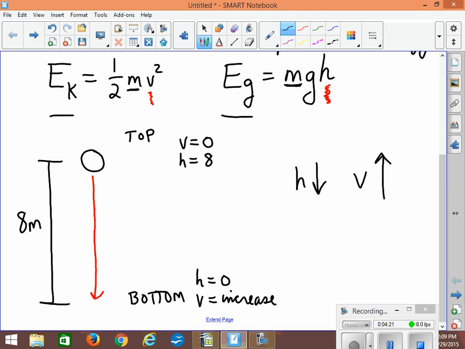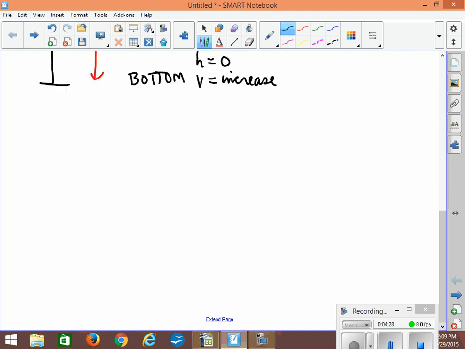At any point in this scenario, a very important thing is taking place. And that is the law of conservation of energy, which says that the total mechanical energy, before or at any one place, let's call it 1, at any position 1 is always equal to the total mechanical energy at any other position in the entire scenario.